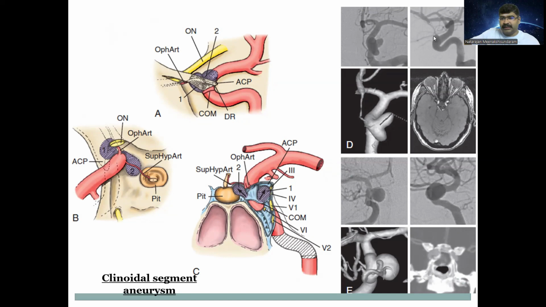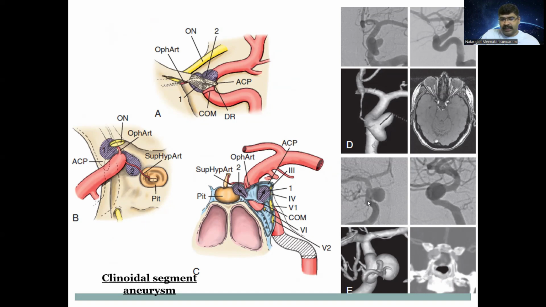You can see this is the anterolateral projection. What you see here is the anteroposterior view. This is a VRT sequence, and you can see the ICA bifurcating into the medial A1 ACA and the lateral M1 MCA, and this is the anterolateral variant.